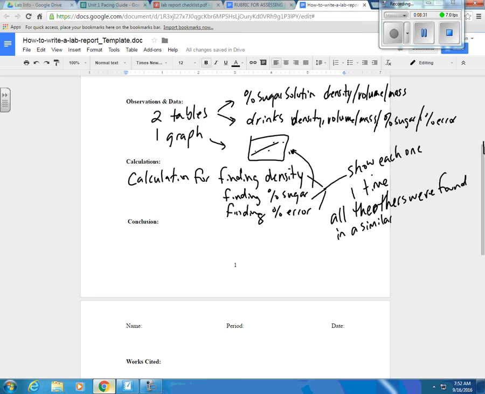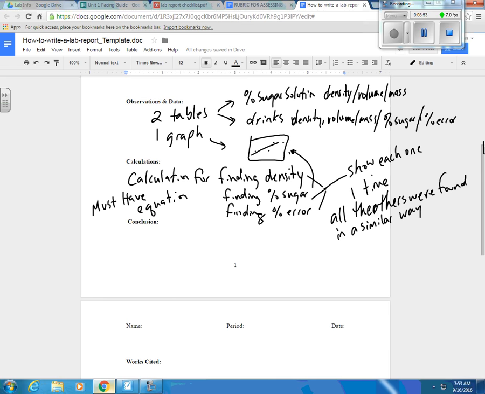Okay, you can even say that. These are all the calculations for the Gatorade. The rest of these numbers were found using the same procedure. But you actually must have the actual equations, and you must write out how you did it.